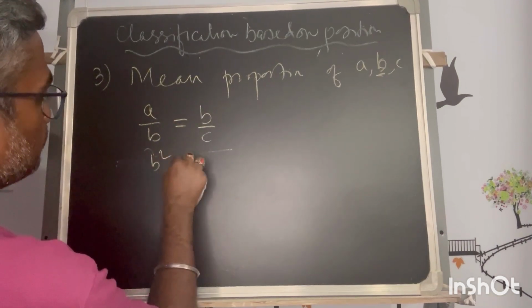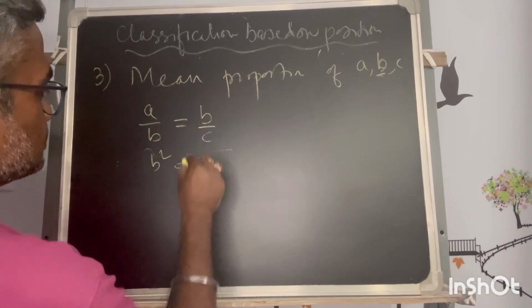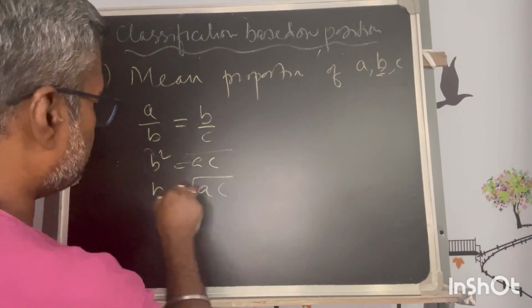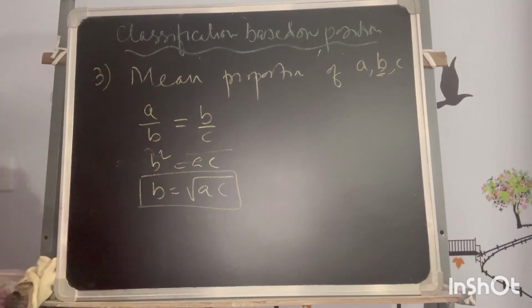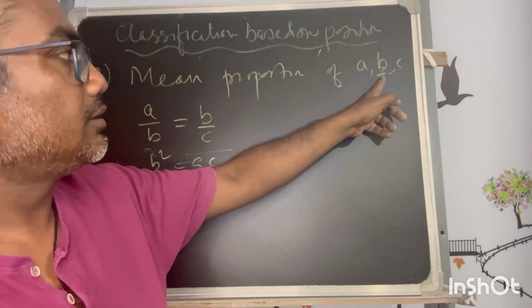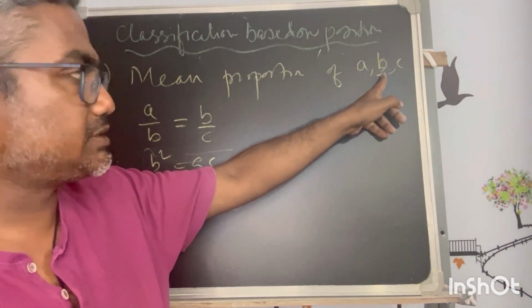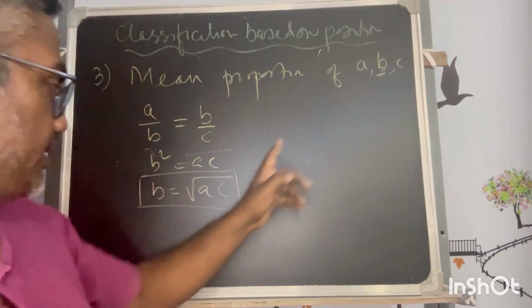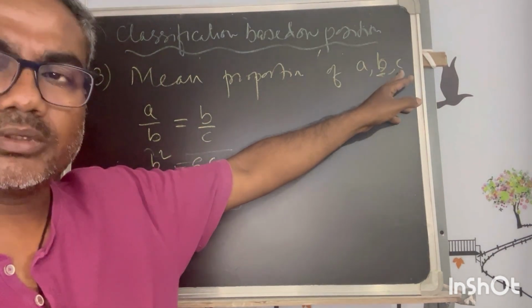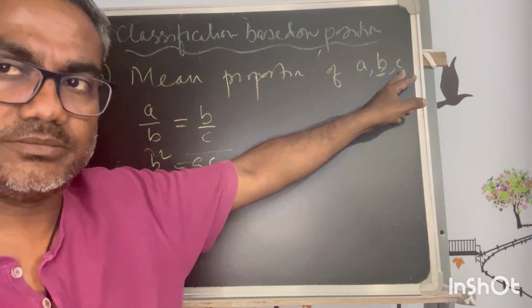Okay, so in this case the mean, if I calculate it, then b square is equal to ac, a into c is equal to b square, so then b is equal to the square root of ac. So you can use this direct formula also when there are three quantities. The mean is always in between, and it is the square root of the product of the extremes.